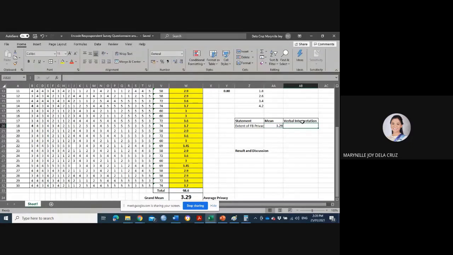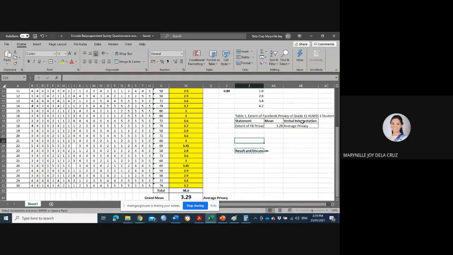And the verbal interpretation is average privacy. So your title is Table 1, period, Extent of Facebook Privacy of Grade 11 HUMSS 1 Students, period. So that will be your title.